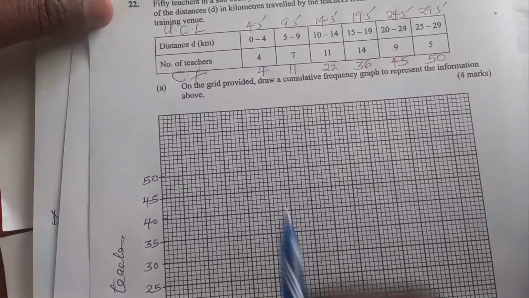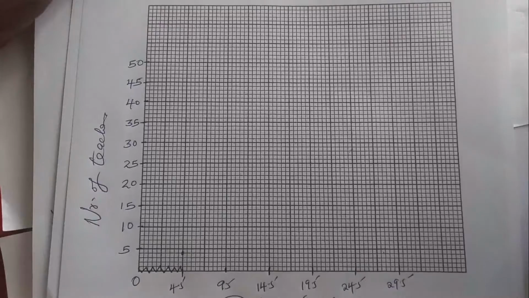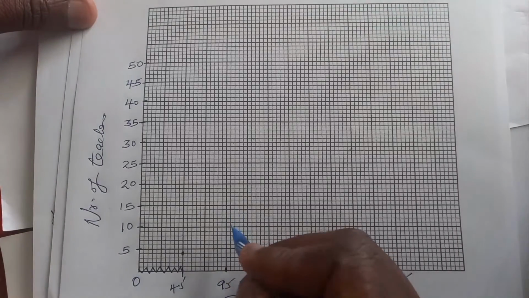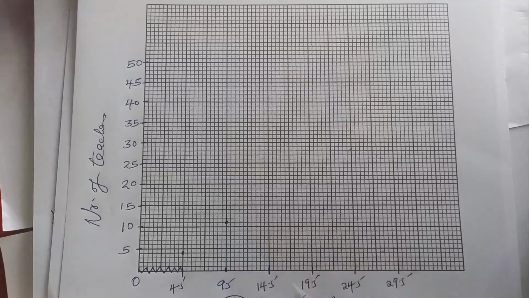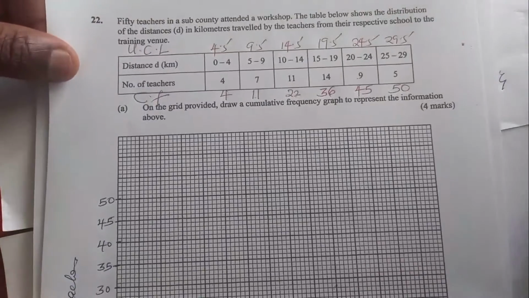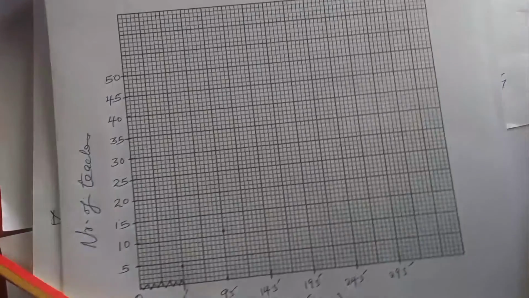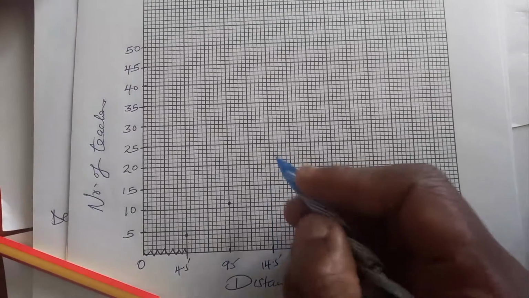Then the second one is (9.5, 11). So 9.5 is here, 11 will be here. And the other one is (14.5, 22). So 14.5 is here, and 22 is here.